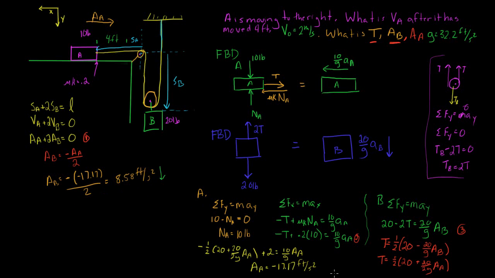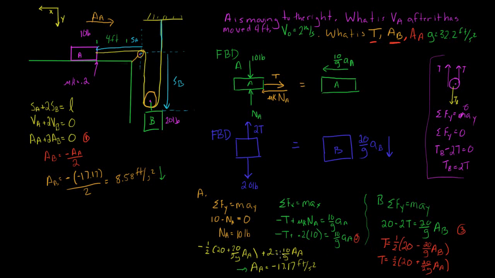So the acceleration of A is actually this way, while the acceleration of B is actually down. And we can take either one of these equations, plug them into this second or third equation, and we can get what tension is.